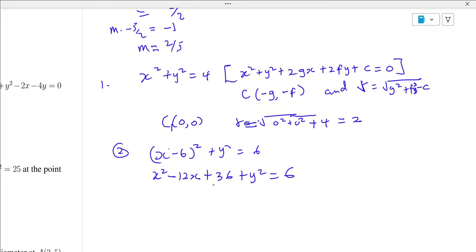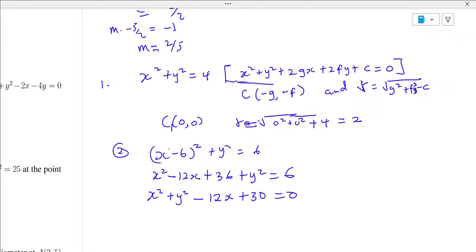This is what we have as our equation. Now, if you simplify this one and put it in the form x squared plus y squared plus 2jx plus 2fy plus c, we're going to have x squared plus y squared minus 12x. Now, when I take this one in, I'm going to have positive and negative 6. So I have plus 30 equal to 0.